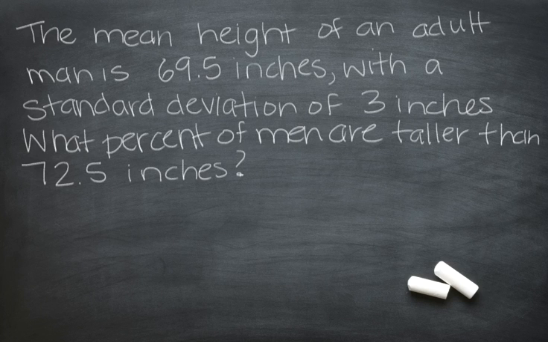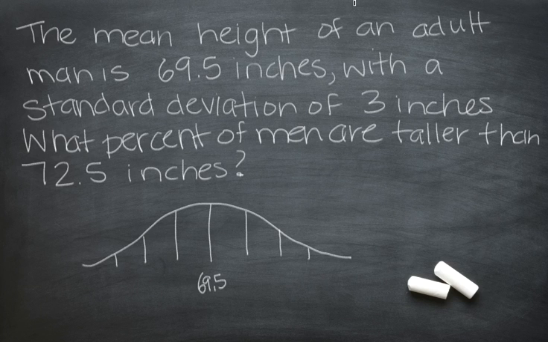The first thing we want to do is just sketch out a normal curve. It doesn't have to be perfect, but just to put in the benchmarks. The mean goes in the middle, so the mean is 69.5. Then we go up and down by 3 inches because that's the standard deviation.